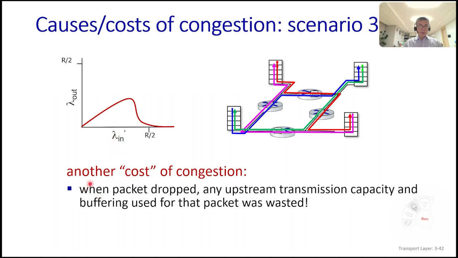So another cost of congestion: when a packet is dropped, any upstream transmission capacity and buffer used for that packet, like the red one, is wasted.